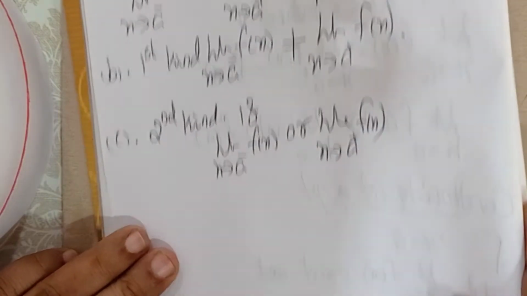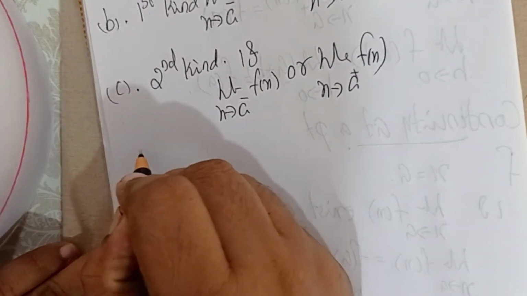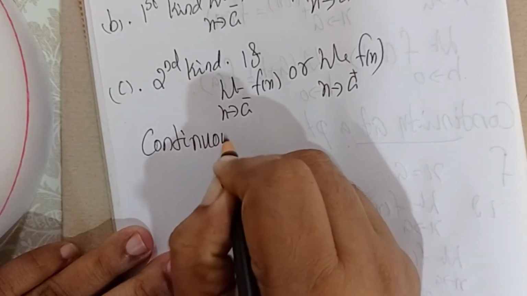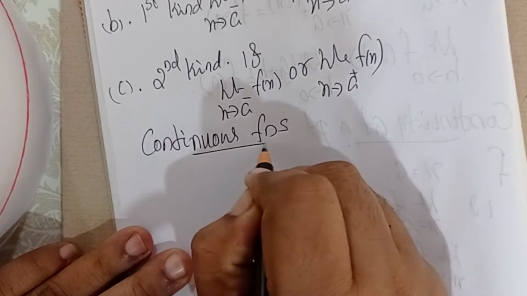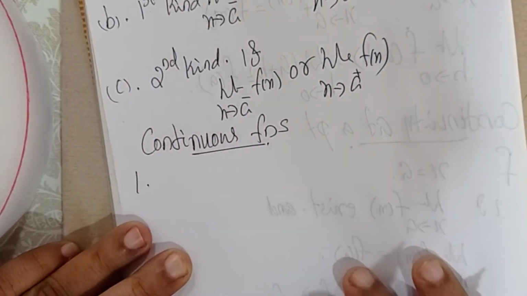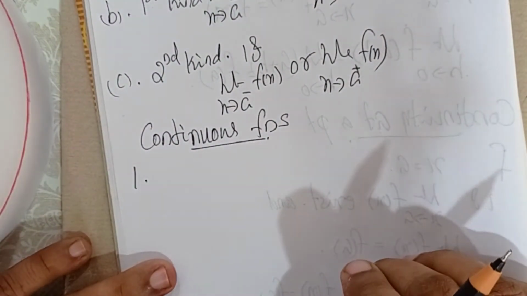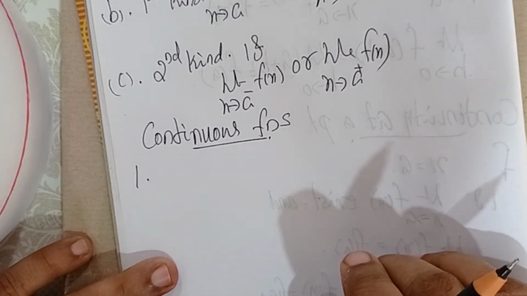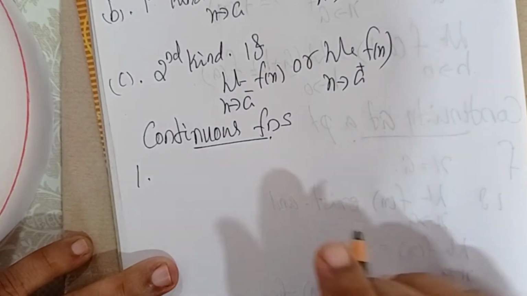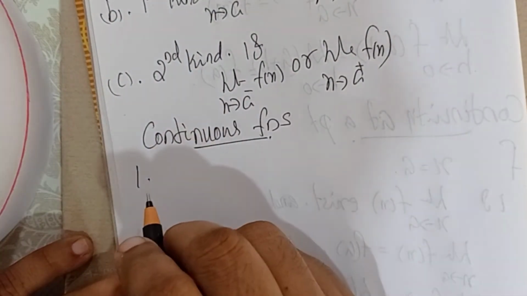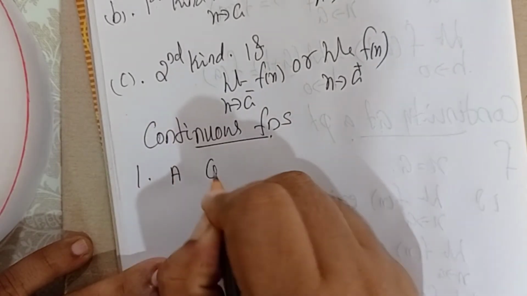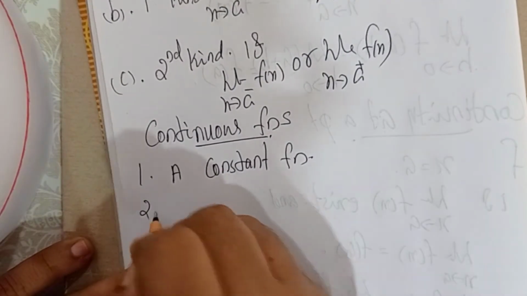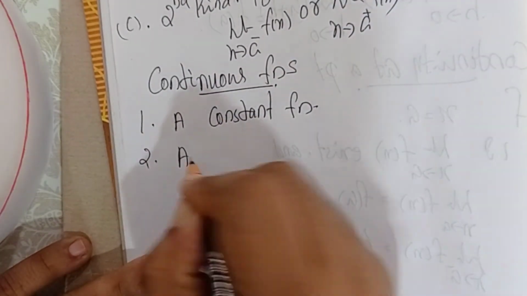Then next write the very important note. Write the note, continuous functions. A constant function is everywhere continuous. Second one is a polynomial function.